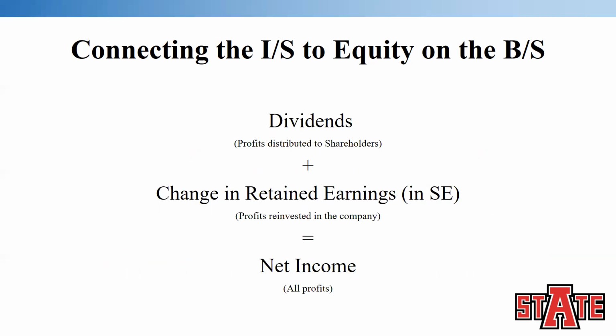Very important thing to know. And again, we want to make our shareholders happy. We want to pay dividends or we want to build up our balance sheet. Building up our balance sheet through equity often means that we are accumulating more cash on the balance sheet, which allows us to make more strategic investments in the future, which again can lead to growth in our share price, which ultimately makes shareholders very, very happy.